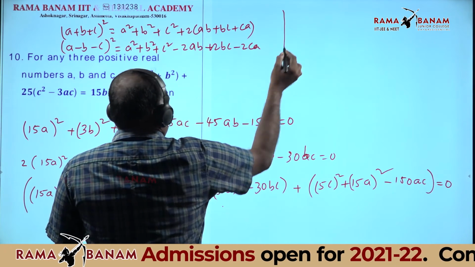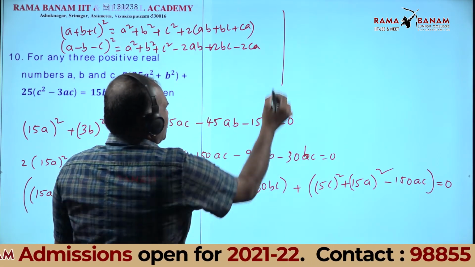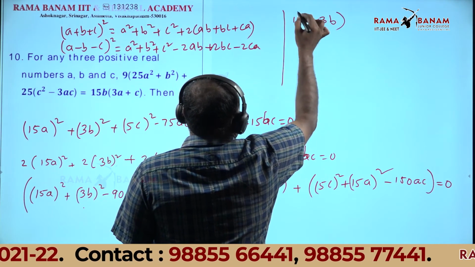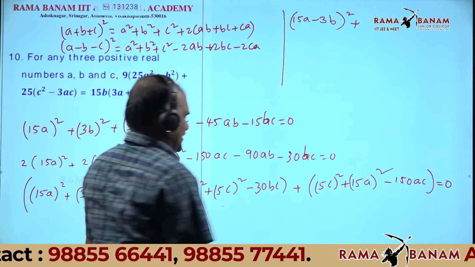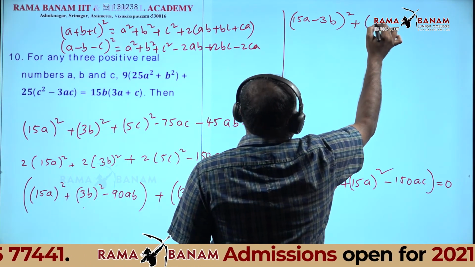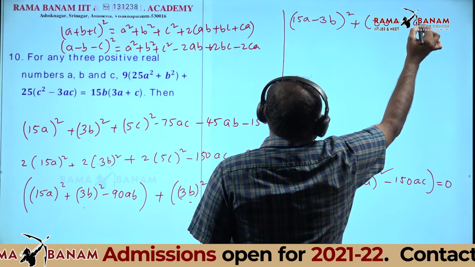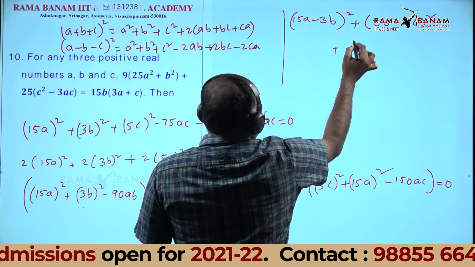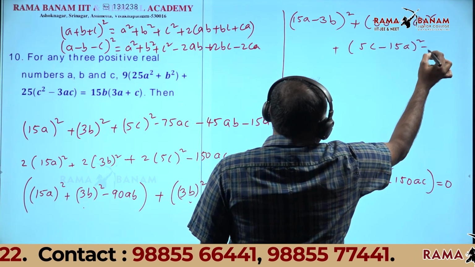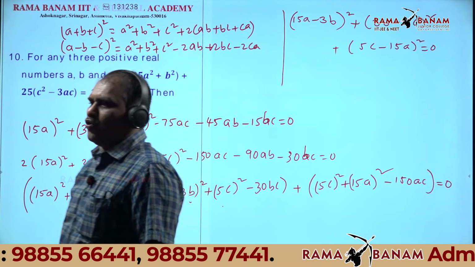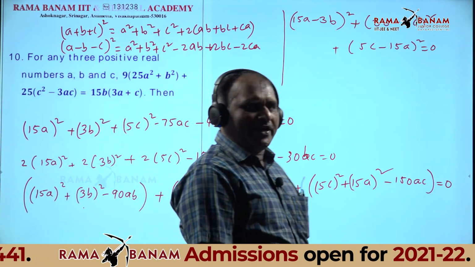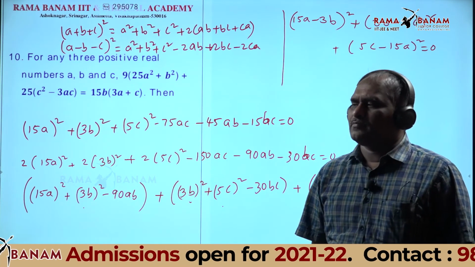Therefore, by observation, first term is 15A minus 3B whole square, plus second one 3B minus 5C whole square, plus next term 5C minus 15A whole square is equal to 0. Understood this step? Yes, sir. Any doubt up to this one?